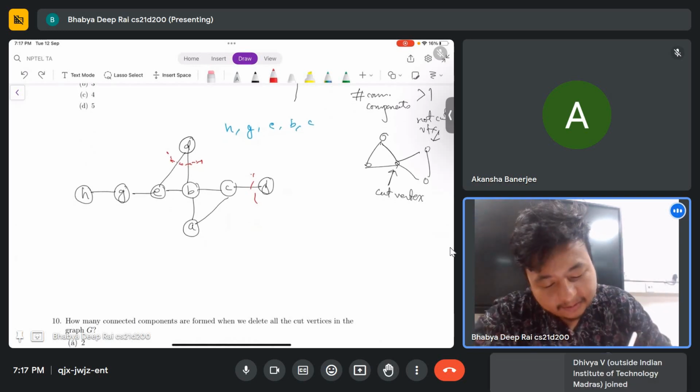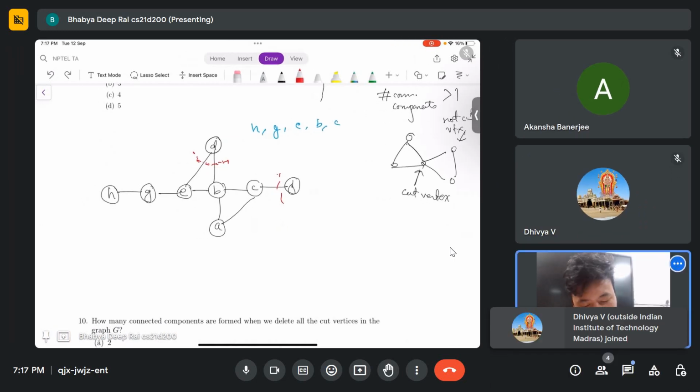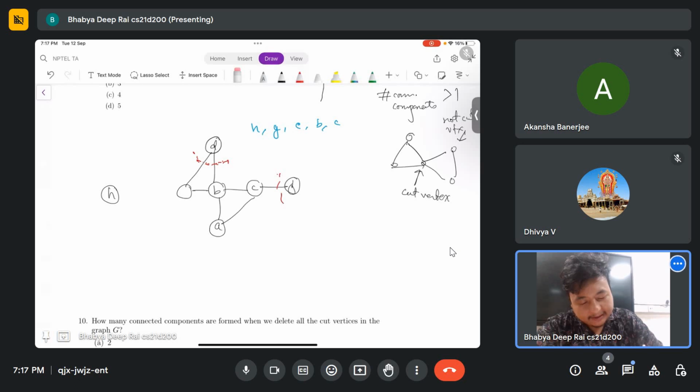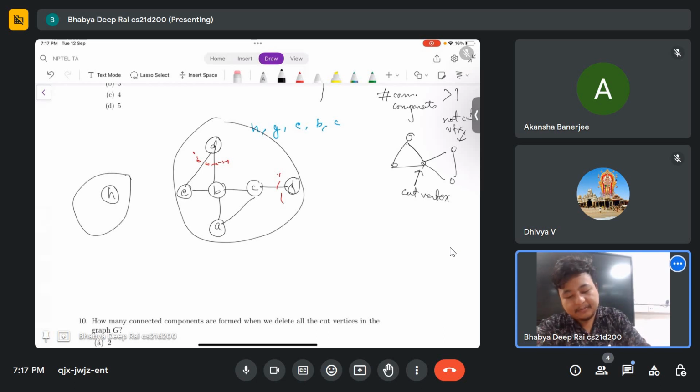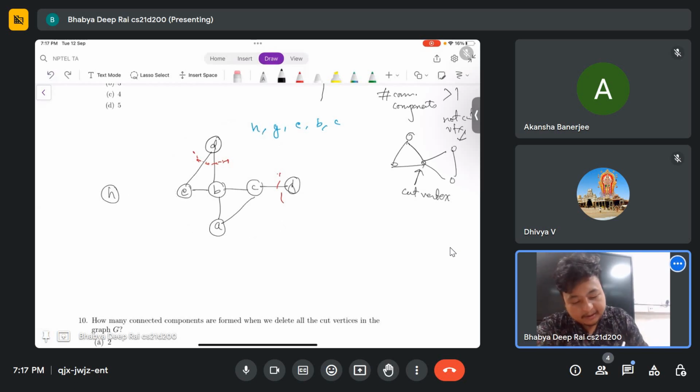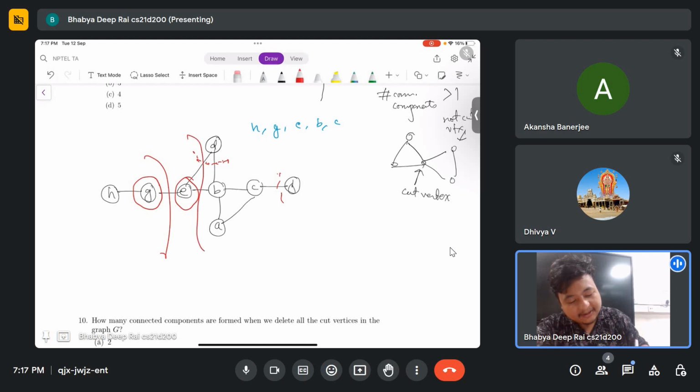But observe that if I remove G, I get two connected components, one here, the other here. If I remove E, I get two connected components, one here, one here.